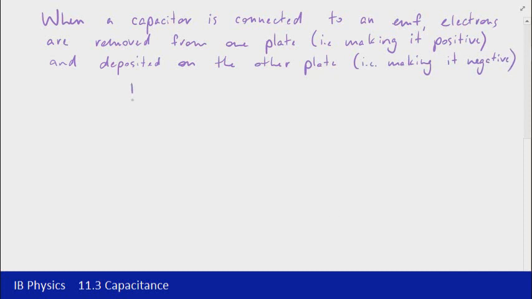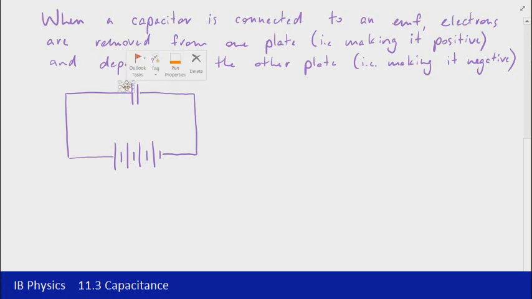If we look at that in a diagram, we've got a very simple circuit showing a capacitor connected to a battery made up of multiple cells. What the battery is effectively doing is, if we imagine a single electron positioned here, taking that electron and dragging it away from that plate, and in dragging it away we leave a positive charge behind.